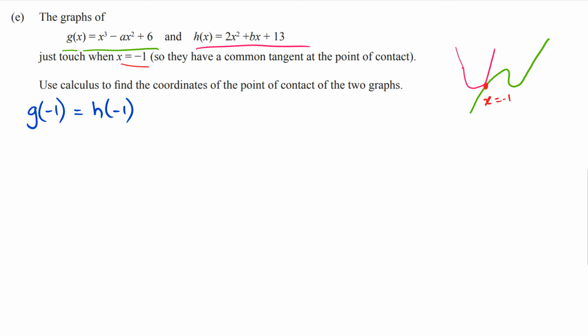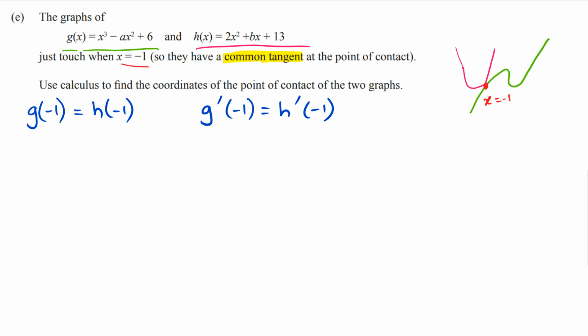That's what this means: g of -1 equals h of -1. The other important thing is that they both have a common tangent. So g dash of -1 is also equal to h dash of -1, which means both gradients are the same.